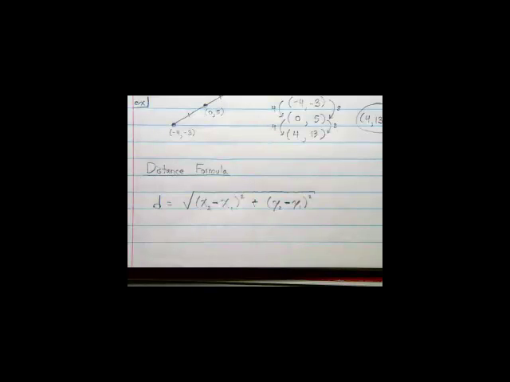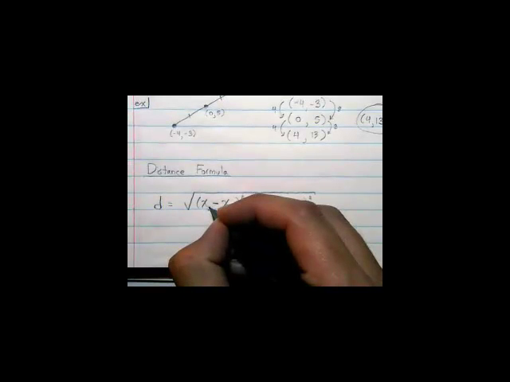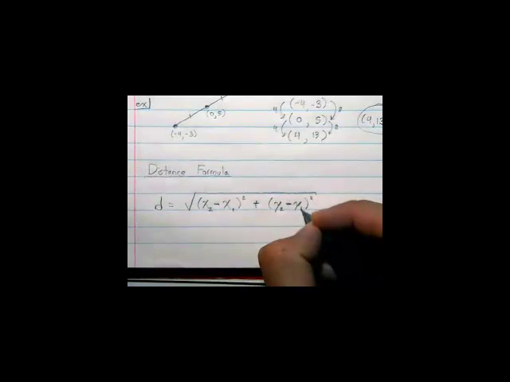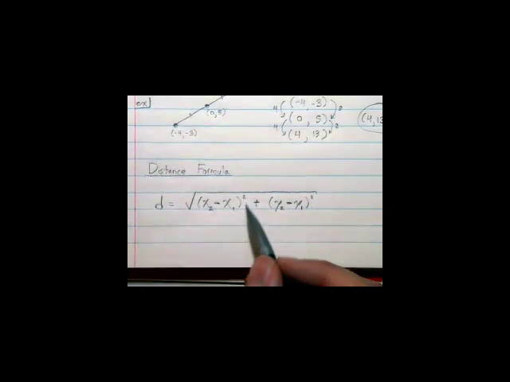It pretty much is the same thing, just written as a formula. This is a subscript. This is a 2. This is a 1. This is a 2. This is a 1. And then they're each outside the parentheses, squared. Are we okay to move on? Okay.